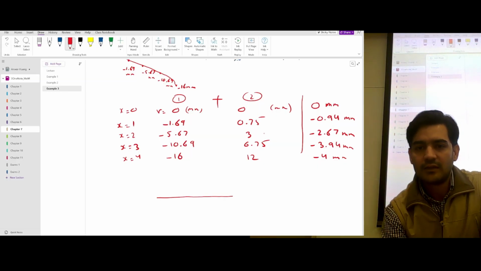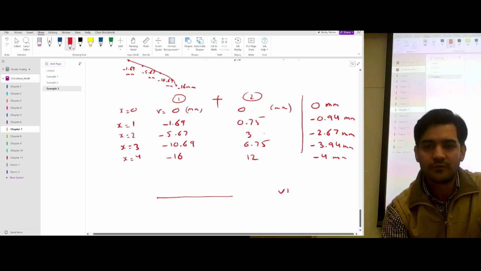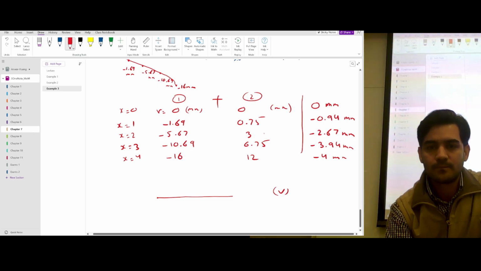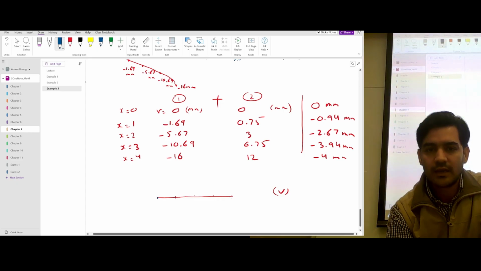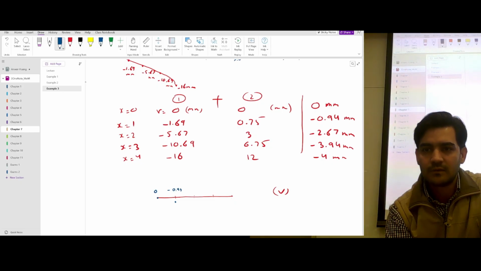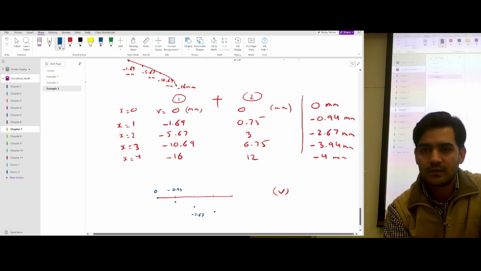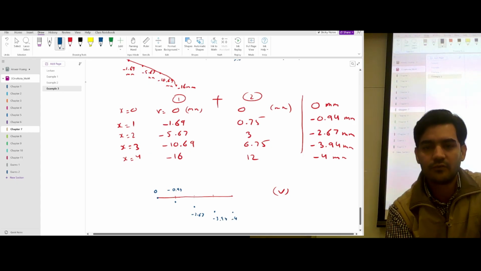So our final answer is, this is for the displacement curve. I have 0 value here, and then negative 0.94 here, and then negative 2.67 here, and negative 3.94 here, and negative 4 here.